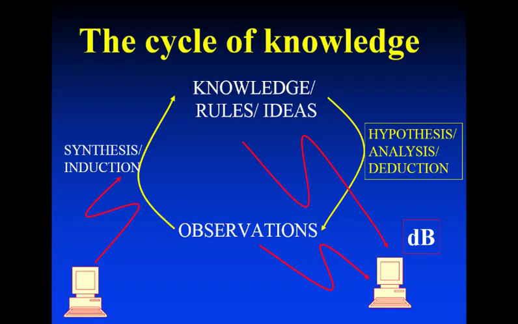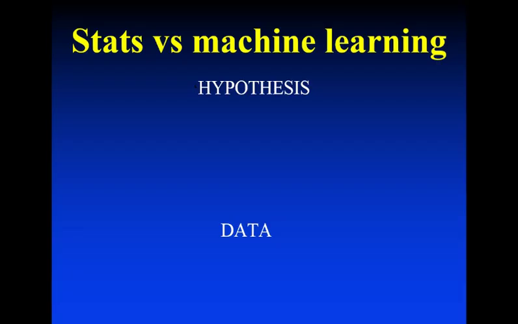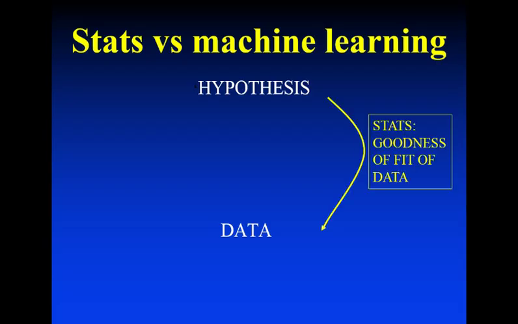The reason I've put that up is because it allows me to explain very simply that exactly in a similar form is the relationship between the otherwise completely different things called statistics and machine learning, even though both reflect a relationship between ideas and data. And again, statistics starts with a hypothesis and tests the goodness of fit of the data to that hypothesis.